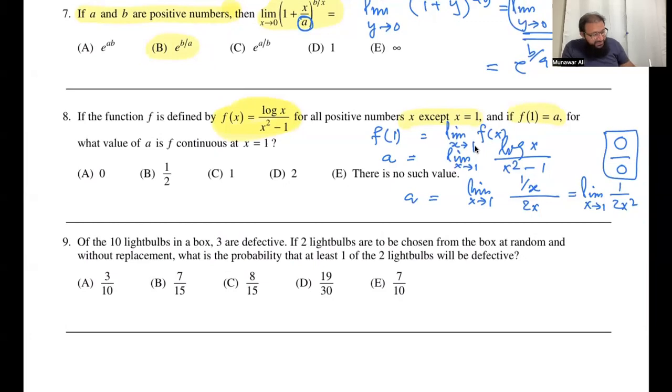Substituting 1, you get 1 over 2, which is the value of a. So the value of a is 1 over 2, which is option B. Very simple. It's just L'Hopital rule and the property of continuity of a function at a point.